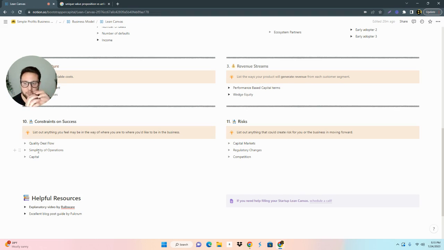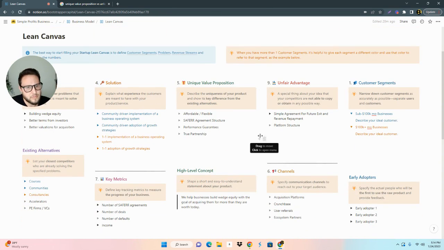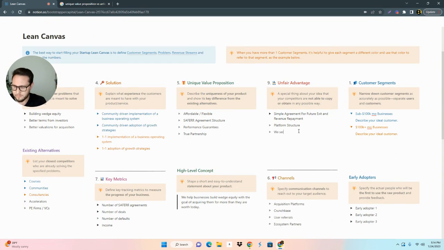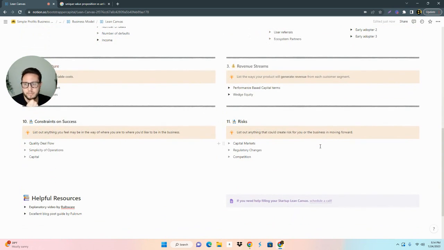So for us, operational simplicity became the constraint. And the better we can simplify our operations, the better we can serve the market that we believe is underserved, right? We do think that there's a massively underserved market here. And I feel like that's a competitive advantage there. It's a unique competitive advantage that our competitors don't even look at the market that we serve.